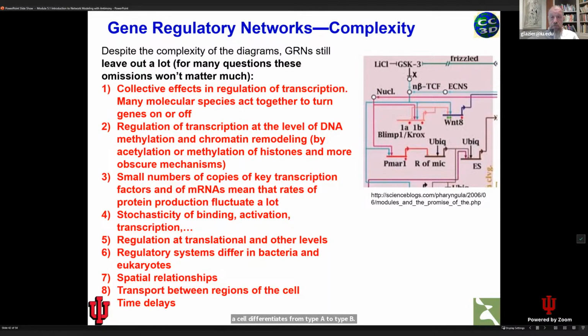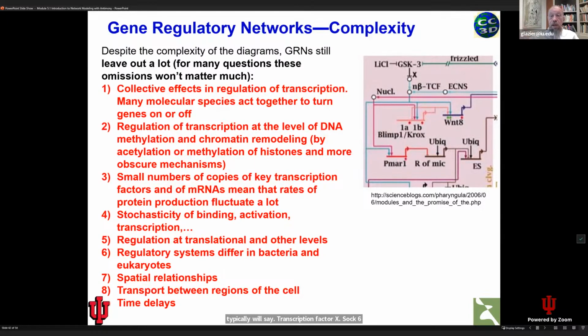How does it happen? Well, it's associated with certain genes being turned on and certain genes being turned off. It's associated with the cell remodeling itself in particular ways. Its cytoskeleton changing.